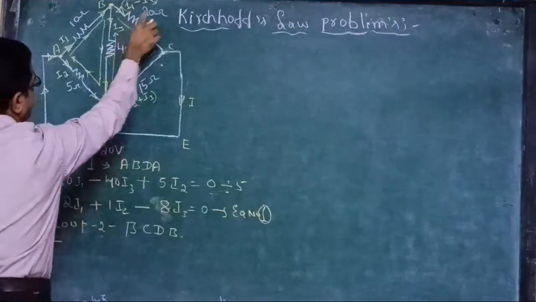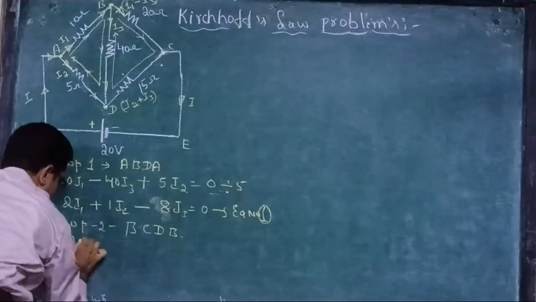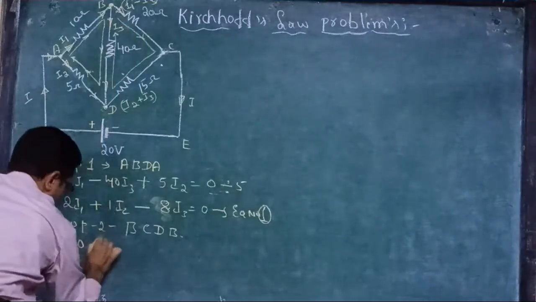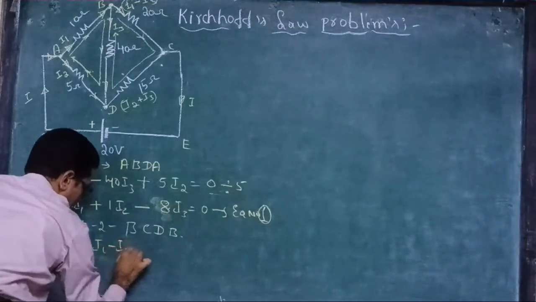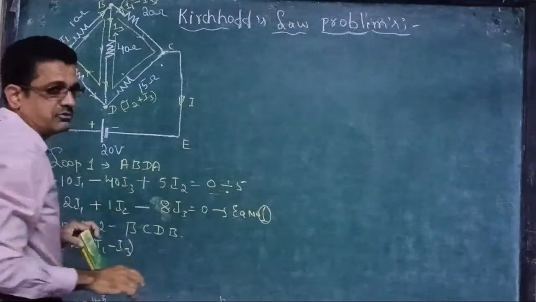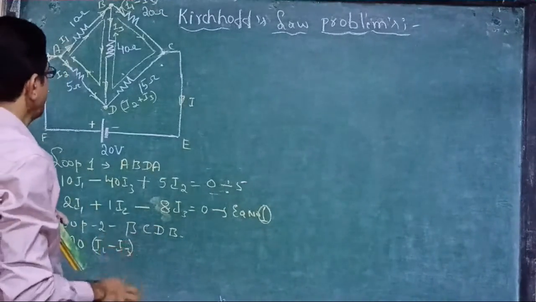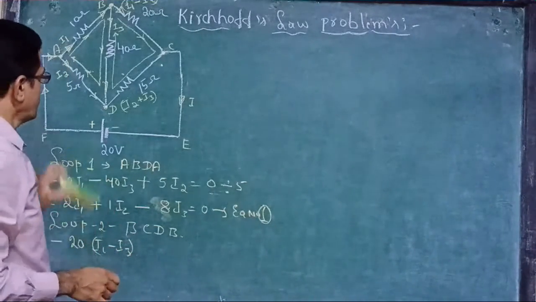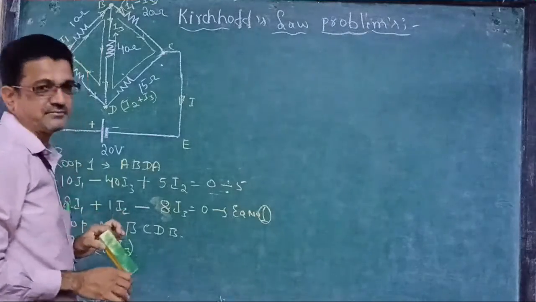Minus 20 (I1 minus I3). So the sign is very important. If you use any wrong sign, the whole problem will be wrong.